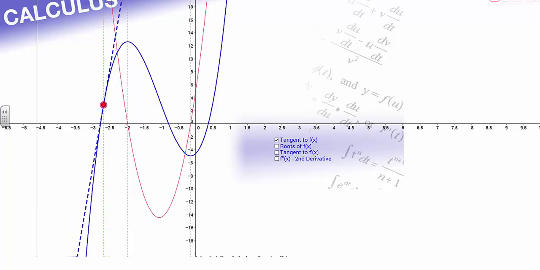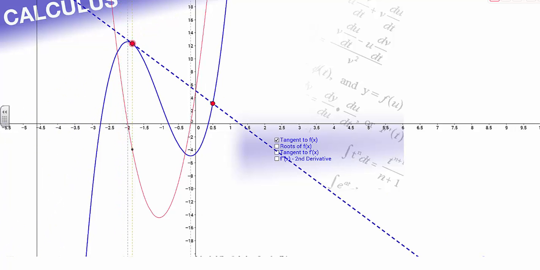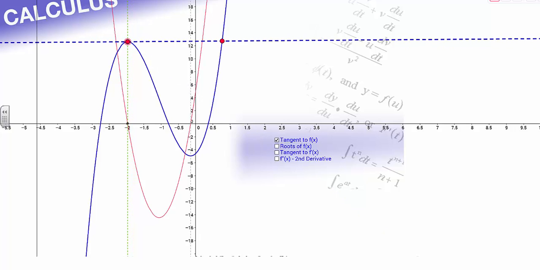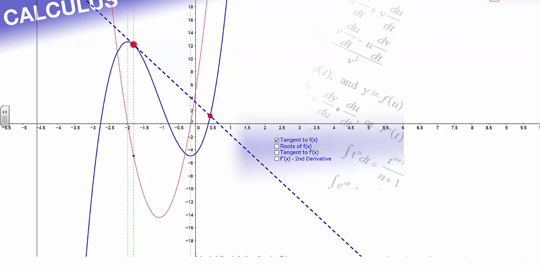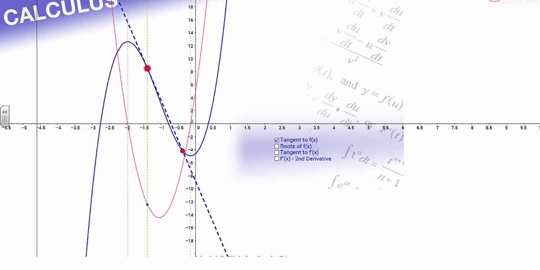So what's happening to the gradient? The actual values of the gradients are decreasing. It's going from a really large number to a smaller, smaller, smaller number until we get to 0. There we go. So we start with a really large number and we move down until we hit 0. So its values are decreasing. And then it continues to decrease. It's still decreasing, it's getting negatively larger, if that makes sense.